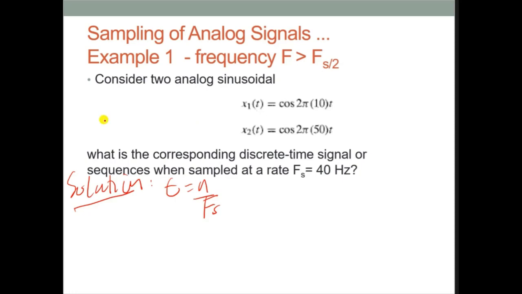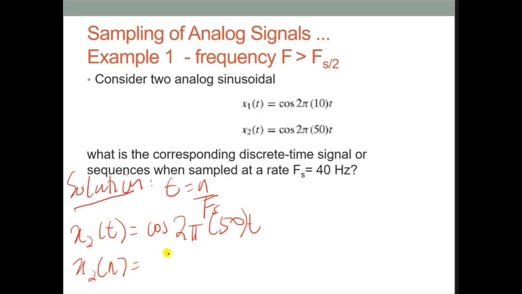So solution t equals n over fs. You have x2(t) equals cos 2 pi 50 t. Simply substitute t with n over fs. So you have x2(n) equals cos 2 pi 50 n over fs.